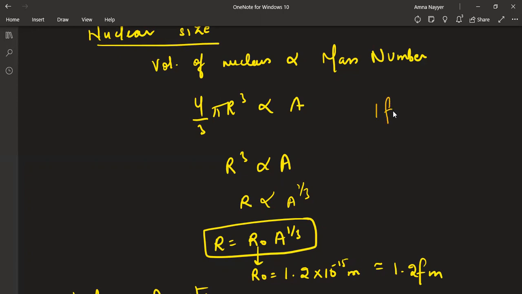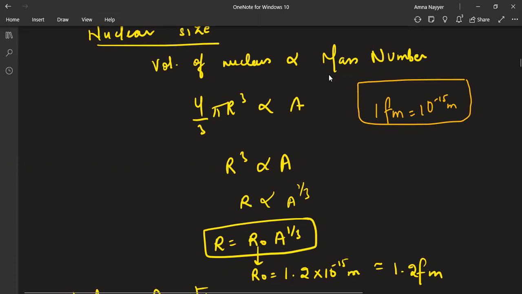Class, 1 Fermi meter is 10 to the power minus 15 meters. The way you have the conversion of centimeters into meters, 1 centimeter we write as 10 to the power minus 2 meters, likewise 1 Fermi meter is 10 to the power minus 15 meter. Somewhere in the questions you will have to leave your answer in terms of Fermi meter, sometimes in meter, so it's better if you remember this conversion.